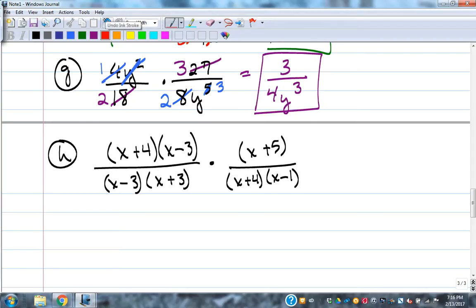Everything's factored already in this problem. We're going to get to some that are not, but we're starting with one that's factored.